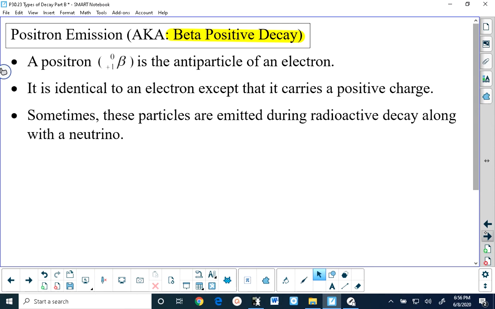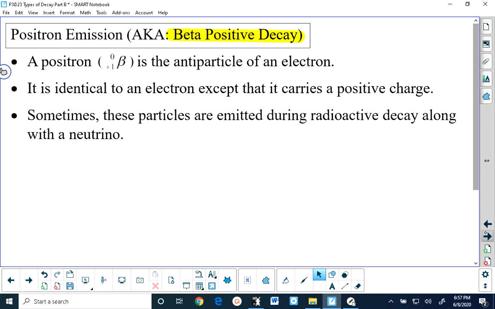We don't have time to get into a whole bunch of detail here, but there is a collection of particles in our universe which we call matter, and there is another collection of particles which we call antimatter. So for example, there are electrons, and there are things that can exist in our universe called anti-electrons.